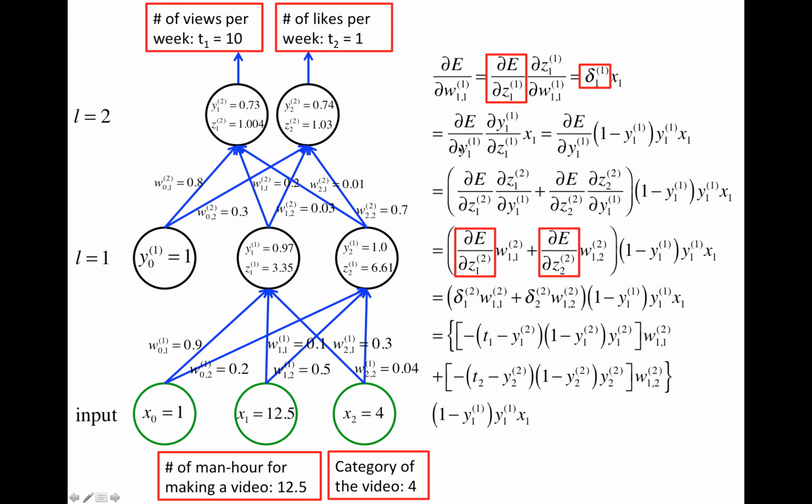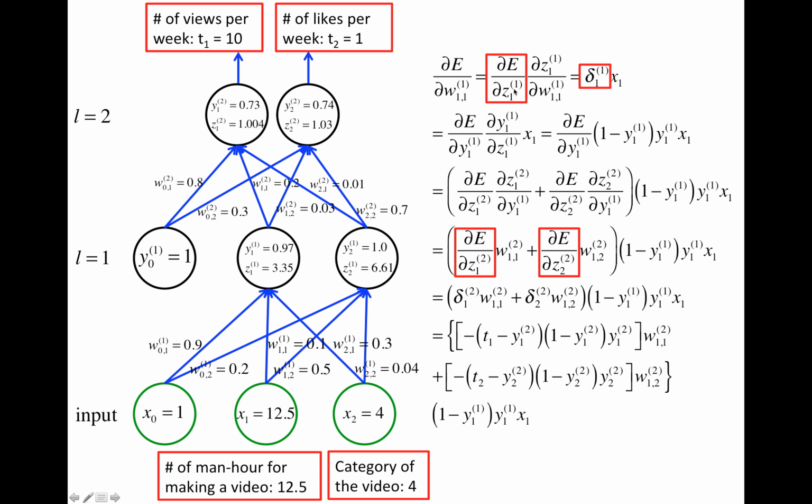So we can, again, apply the chain rule. The derivative with respect to W111 equals the derivative with respect to the logit Z11, which W111 contributes to, multiplying the derivative of the logit Z11 with respect to W111. And here we have introduced another definition. Here, delta 11 equals the derivative of the error with respect to the logit Z11.